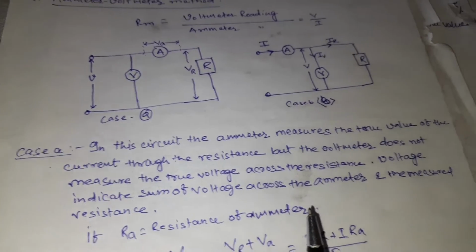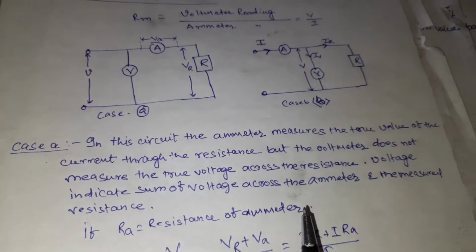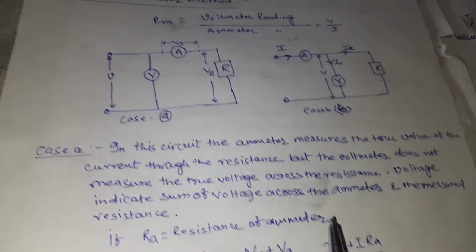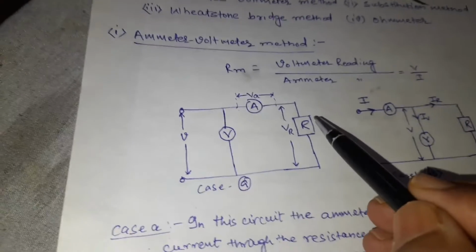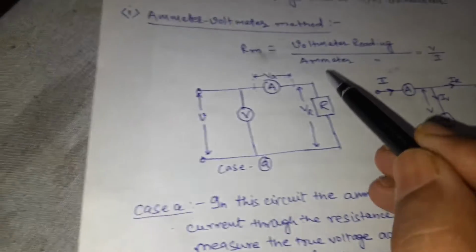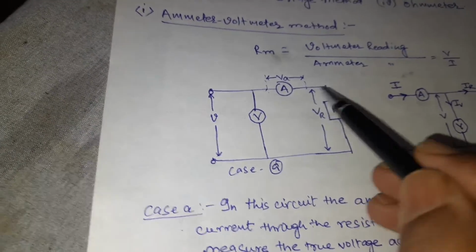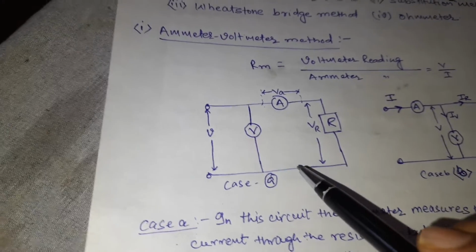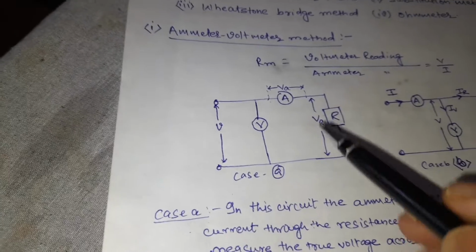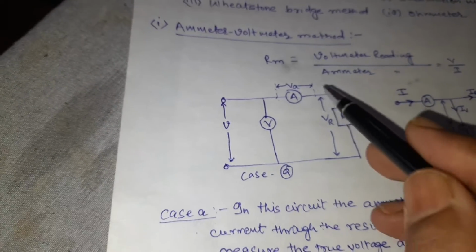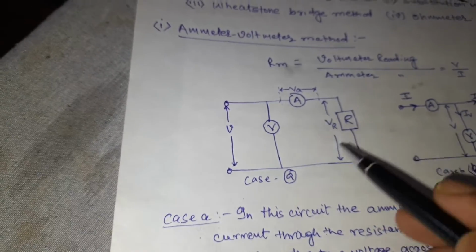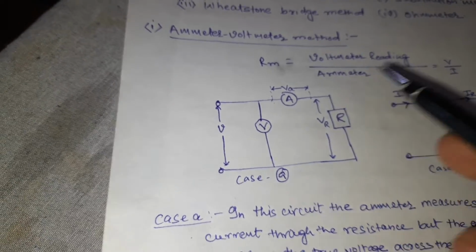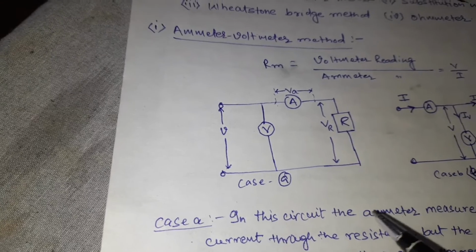But the voltmeter does not measure the true value of voltage across the resistance. In case 1, the ammeter measures the actual current through the load, but the voltmeter cannot read the actual voltage across the load, because its reading contains the voltage drop across the ammeter as well as across the load.